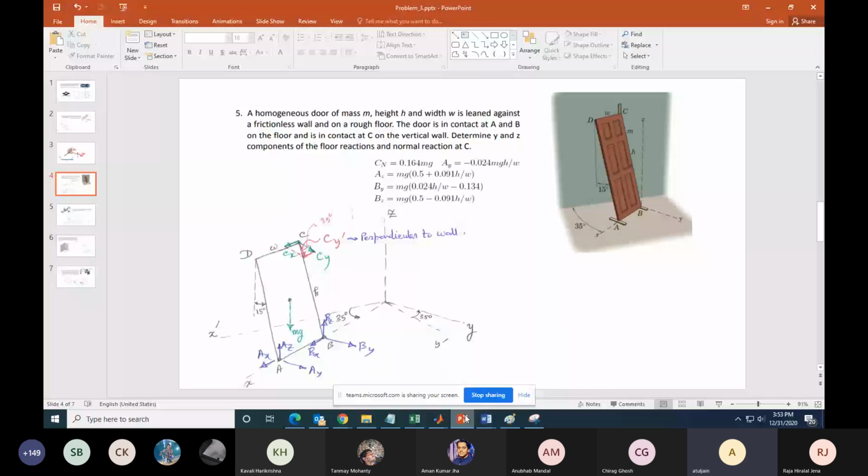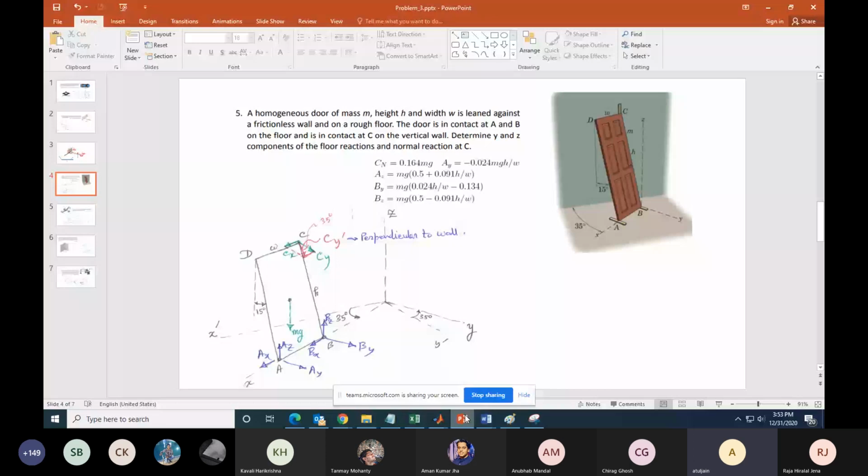I can have another coordinate axis system parallel to the wall, so x prime is parallel to the green wall. In x prime, y prime, z, I have only reaction Cy prime. But in x, y, z, it is Cx, Cy. Both are the same. I am not saying both of them exist simultaneously.